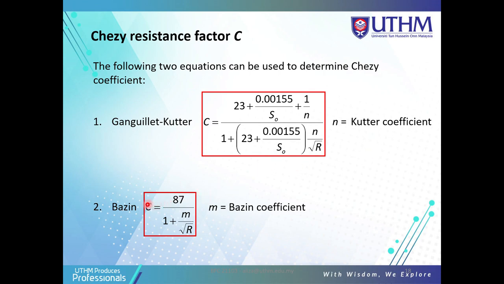Also we use the Bazin formula to get the C. Don't worry, all these formulas are given. If the value of C is not given in the text, you must find C first and use the Chezy equation to find the Q or V.